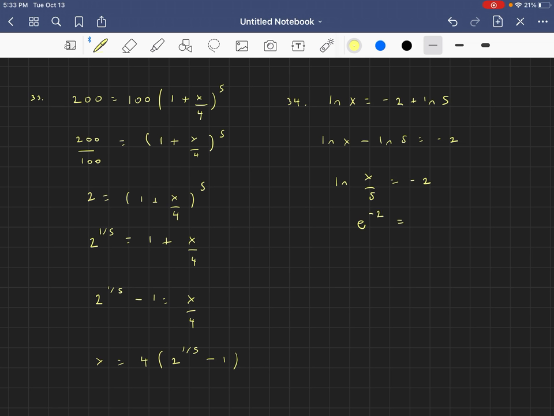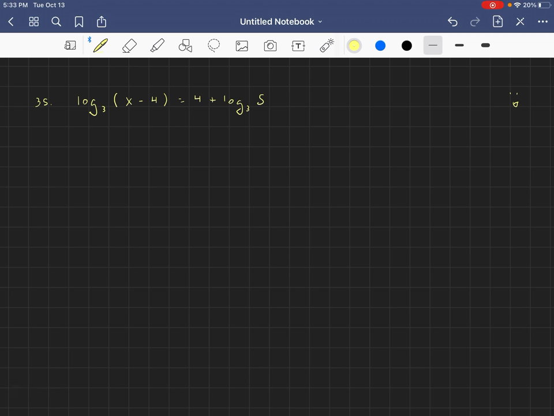So the base to the power, I'm going to cross multiply the 5 up and switch the sides. Most teachers do not like to see a negative power, so I'm going to drop that. And there's what my x is equal to. That's a nice little problem.